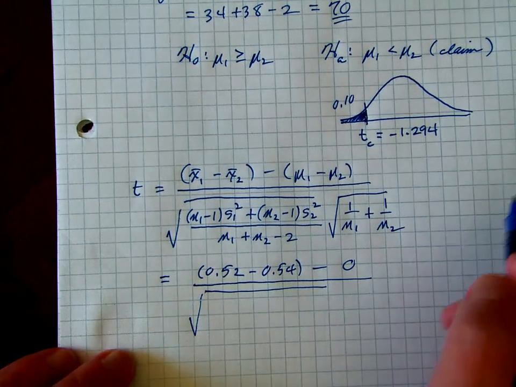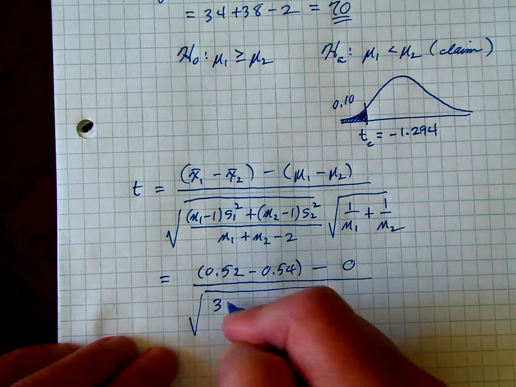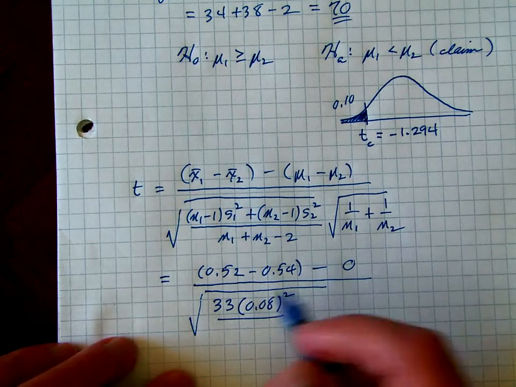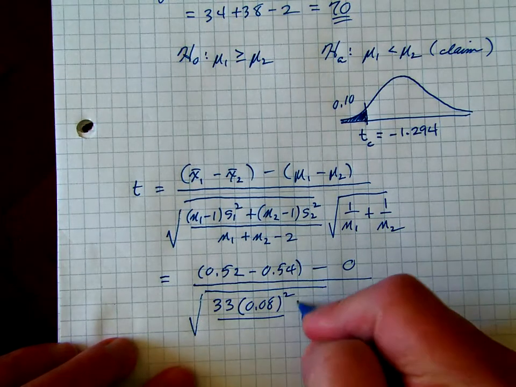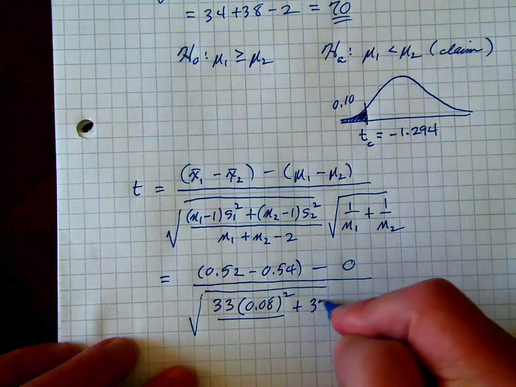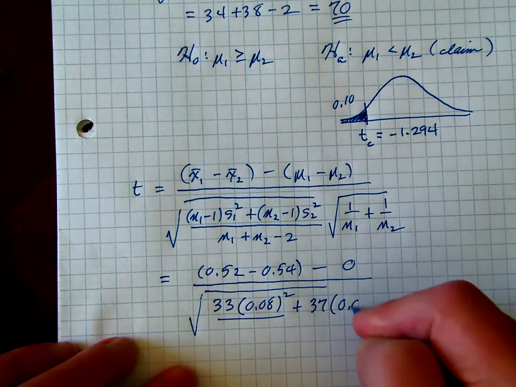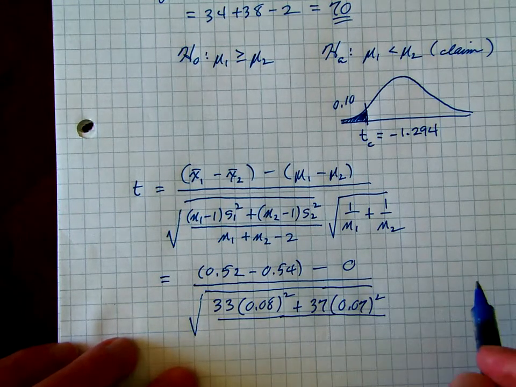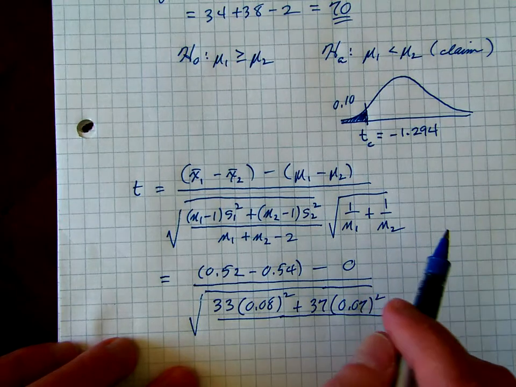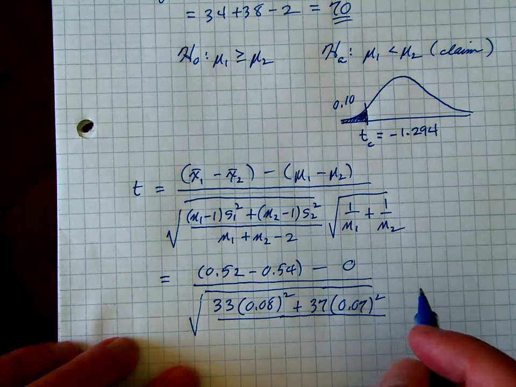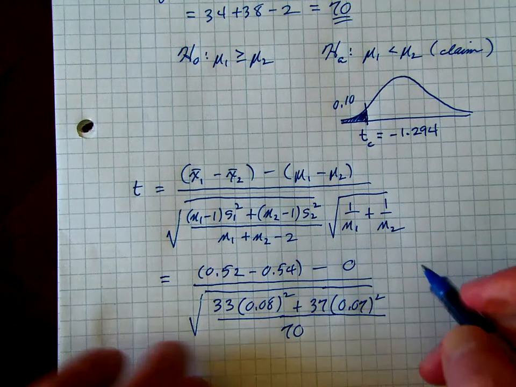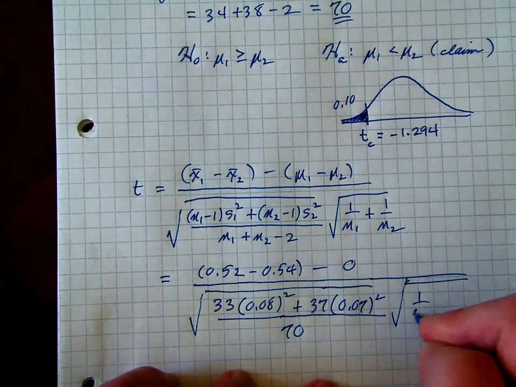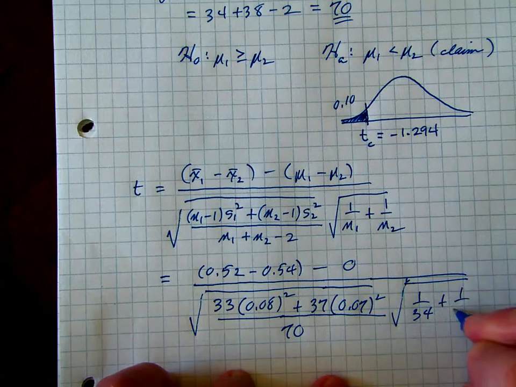So it's going to be 33 times 8 cents squared, and you're going to add 37 times 7 cents squared, and you're going to divide the whole thing by the improved degrees of freedom, which as you will recall was 70. And then we have this extra business over here, 1 over 34 plus 1 over 38, all inside the square root.